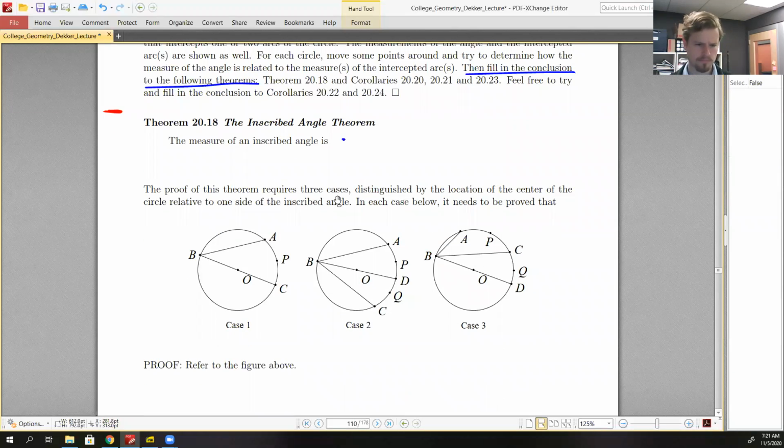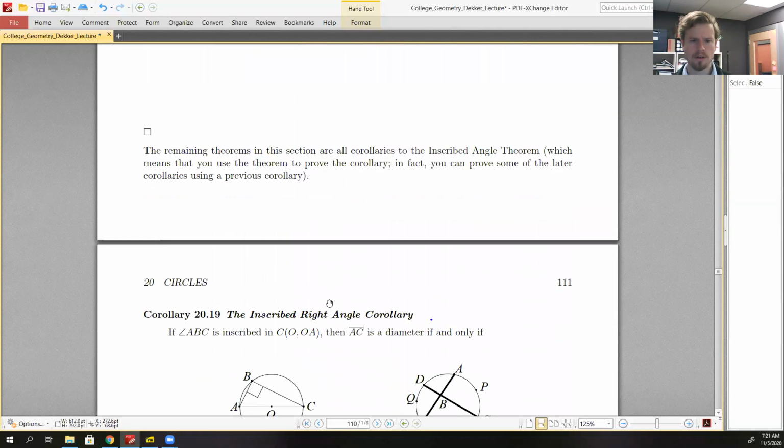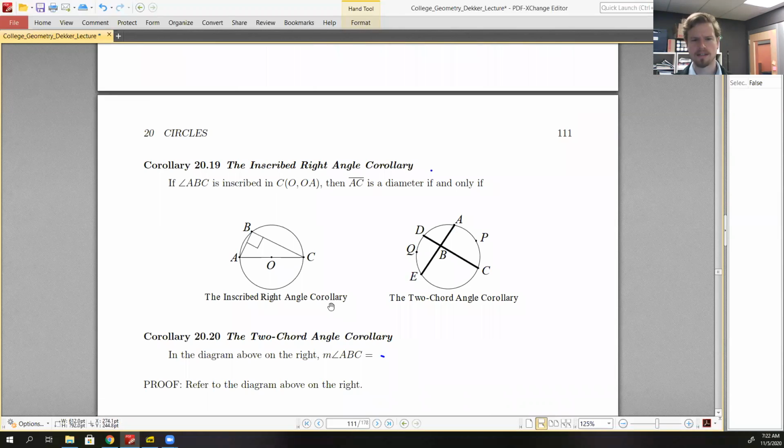So really quickly, I'll give you what you need to fill in for 19. It's pretty obvious from the diagram, but if ABC is inscribed in the circle, then AC is a diameter if and only if this is a right angle. So the measure of angle B is equal to 90 degrees.